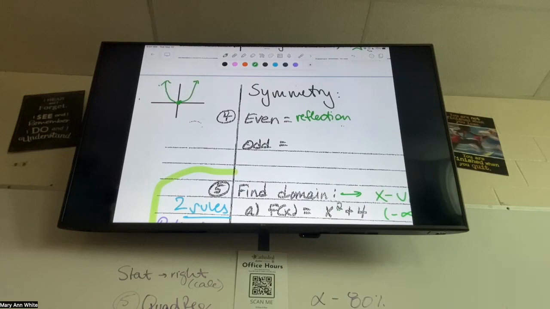Odd, I wish I had a cuter way of explaining it like I do reflection. Odd is just the same in quadrant 1 and quadrant 3. So same in Q1 and Q3. So a good example of that is a cubic function. Goes up and through, something like that.